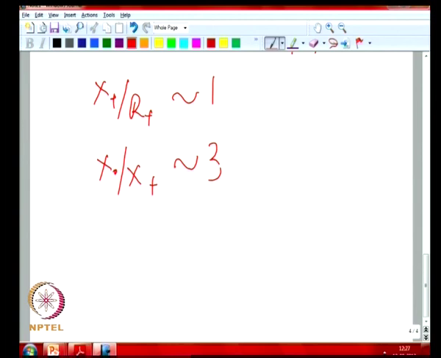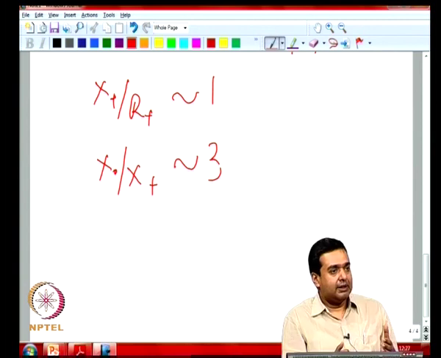If you look at what contributes to the inductance of a line, essentially you are looking at how much flux is linked by a loop.